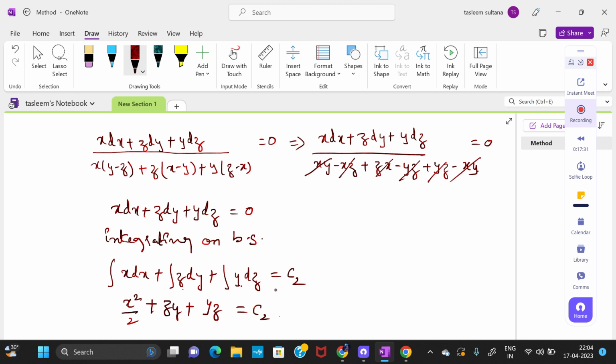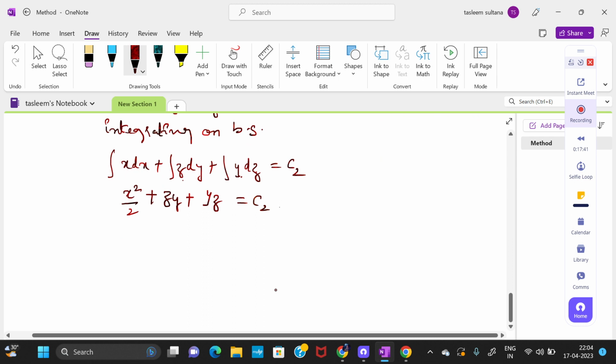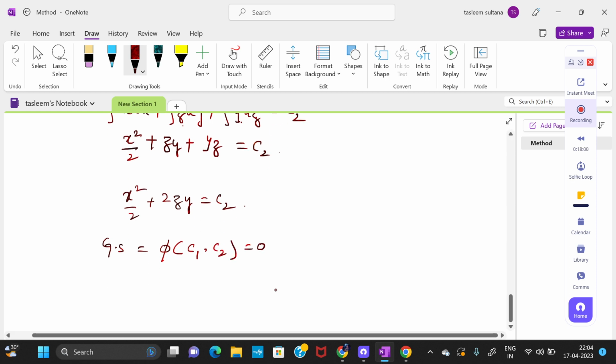It's going to be x square by 2 plus 2zy equals c2, where your general solution is phi of (c1, c2) equals 0.